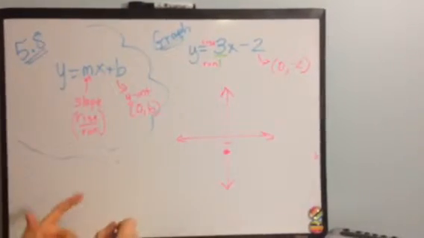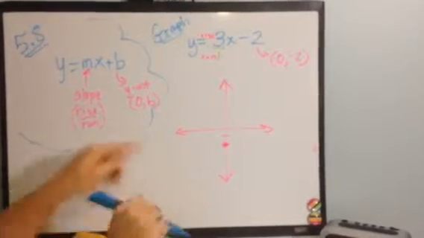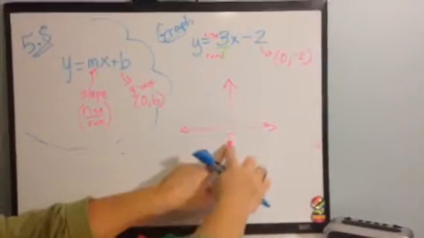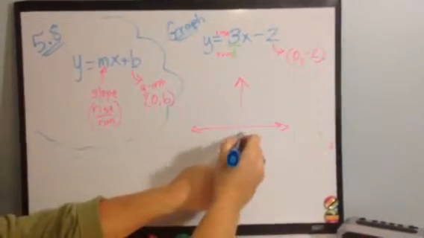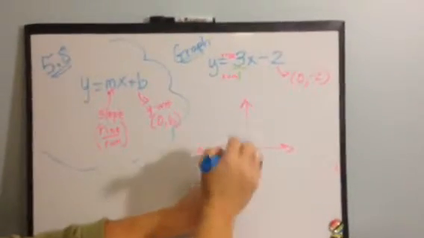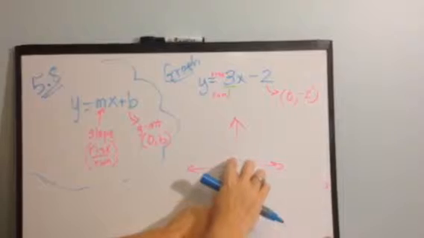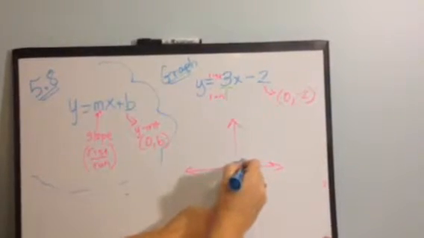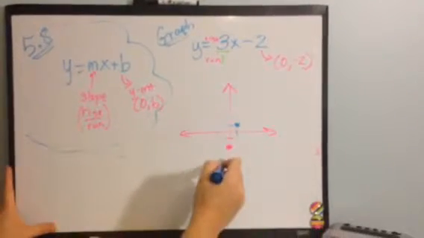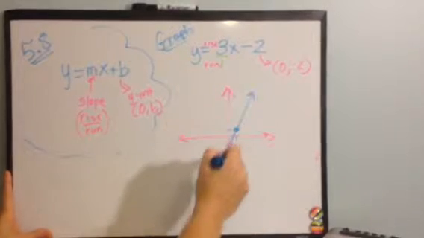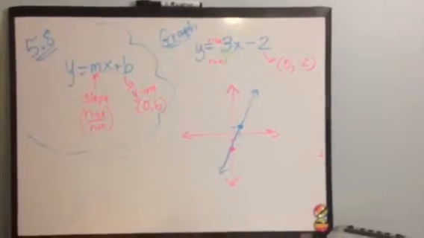It tells me what to do next. So from my y-intercept, I'm going to rise 1, 2, 3, and I'm going to run 1 in the positive direction. My point will be right there. And 2 points gives me enough to graph a line.